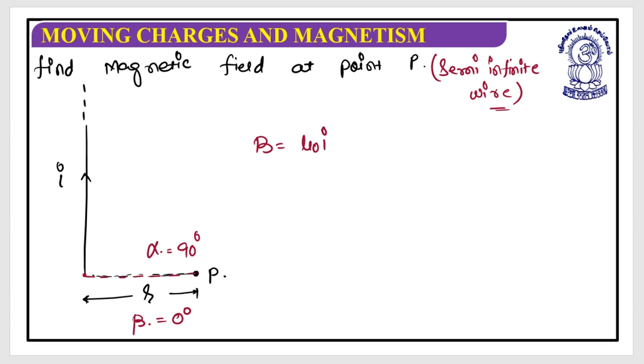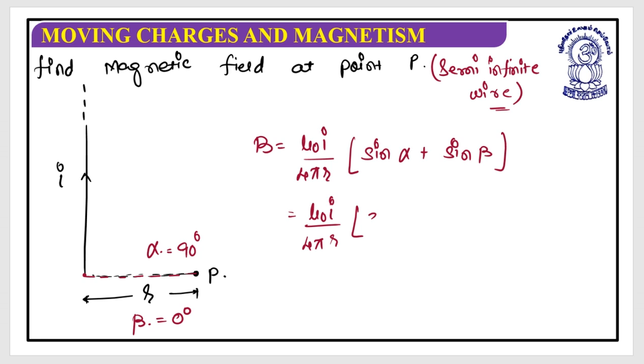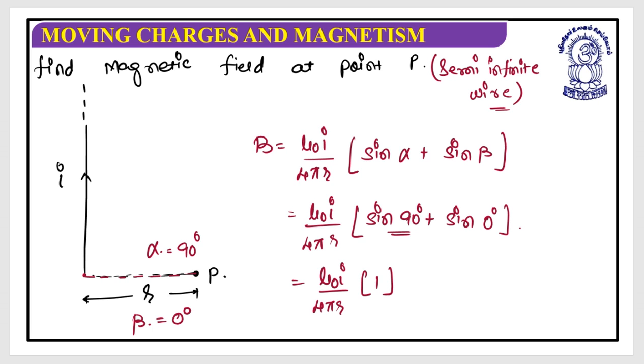It's mu naught I divided by 4 pi r multiplied by sine alpha plus sine beta. So that is mu naught I divided by 4 pi r multiplied by sine 90 degree plus sine beta, which is 0 degree. Sine 90 is 1, so it is mu naught I by 4 pi r multiplied by 1, and sine 0 has gone.